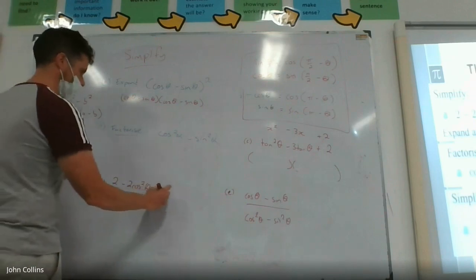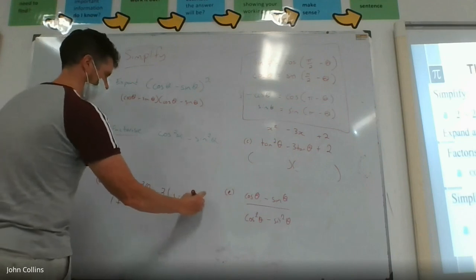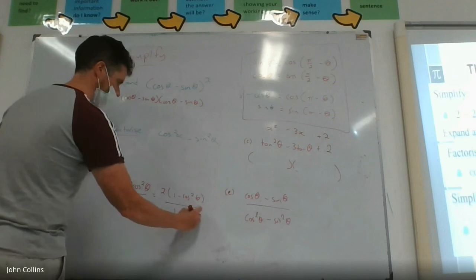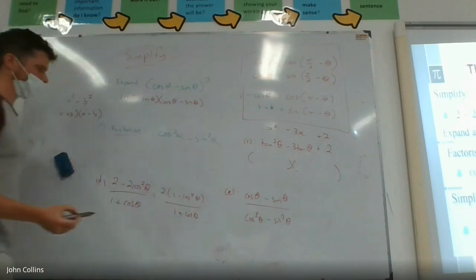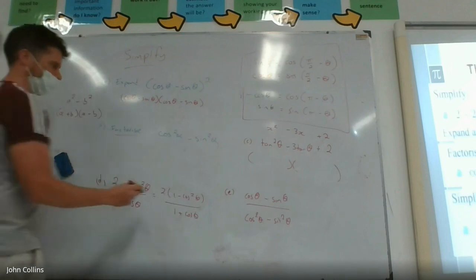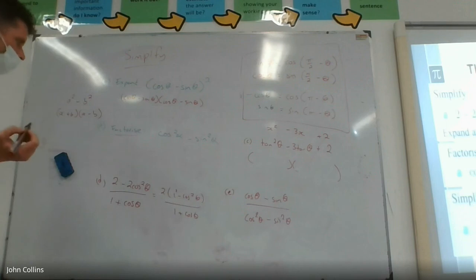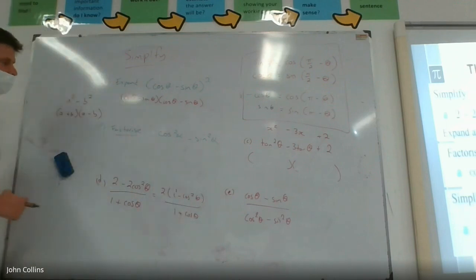This one, the first step I would probably do is take out that 2 again. The second step, I wouldn't change this to sine squared. I would treat this like 1 squared. Sine squared is all well and good, but you're still going to be left with 1 plus cosine theta at the bottom.